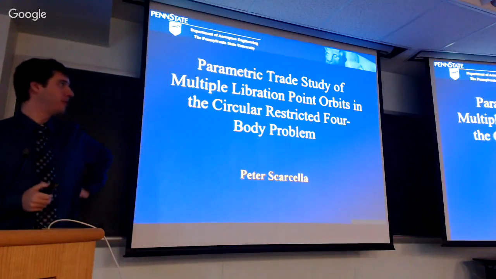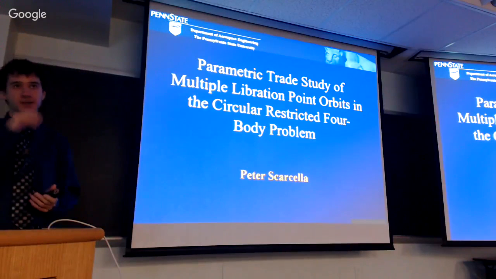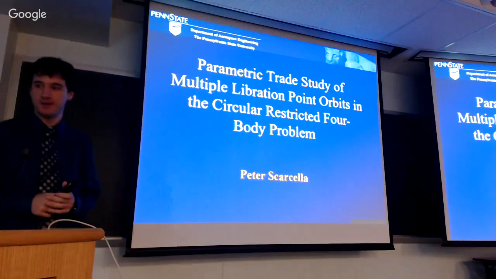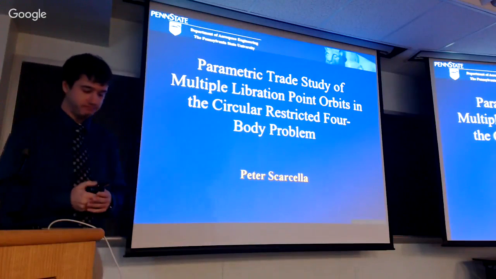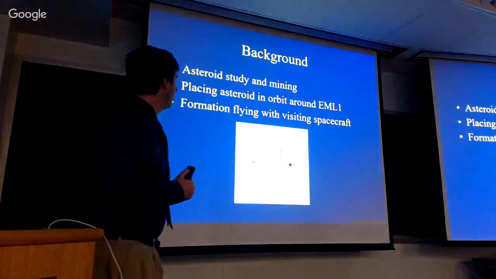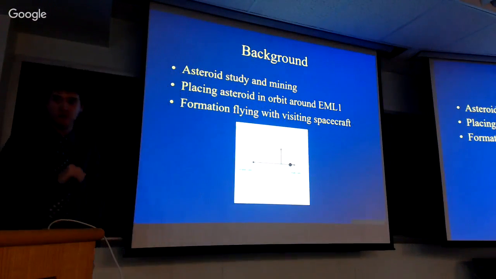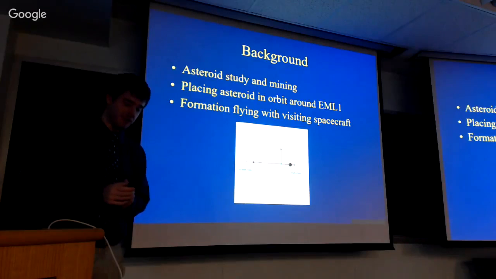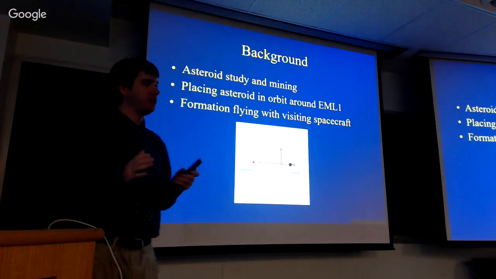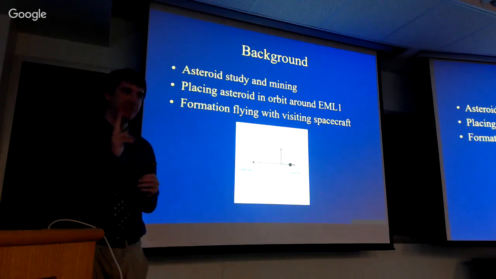So the topic that I'll be discussing is a parametric trade study of multiple libration points in the circular restricted four-body problem. A little background on what I was doing: originally the mission was based on NASA's ARM mission, may it rest in peace.